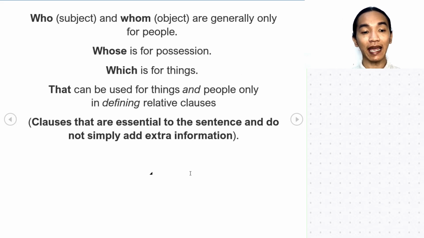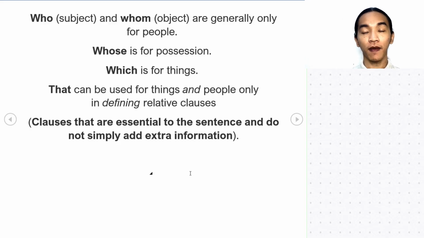So now next one. Let's see and identify how we actually understand each of these relative pronouns. So we use who when we introduce or relate a subject in the sentence, and whom if it's an object. So who and whom are generally only for people.